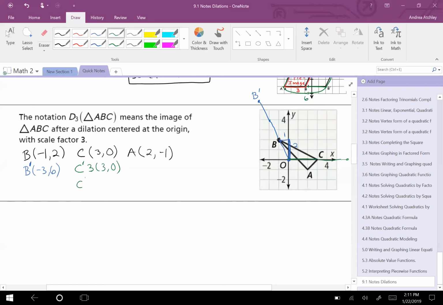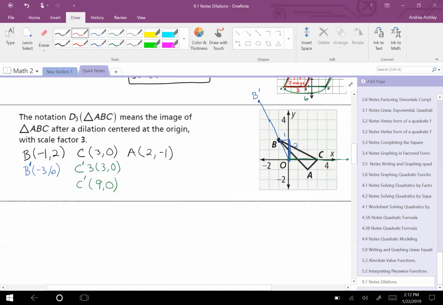So C prime would be at 3 times 3, which would be 9. And 3 times 0 is 0. So I just take the coordinates of the ordered pair and multiply them by 3. Any questions over that? We're all good? Okay, let's try A.